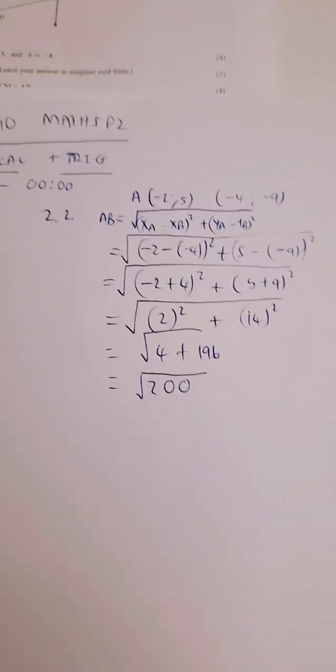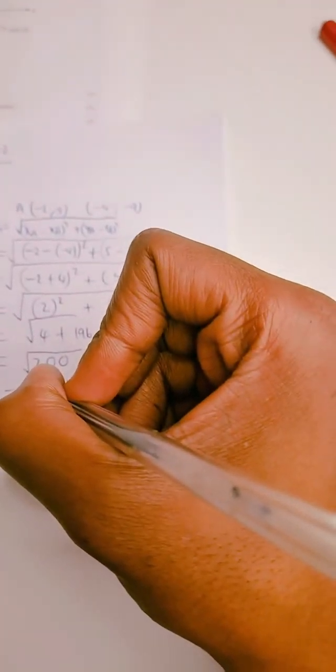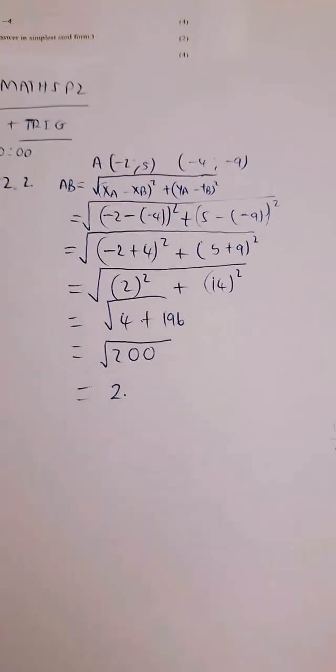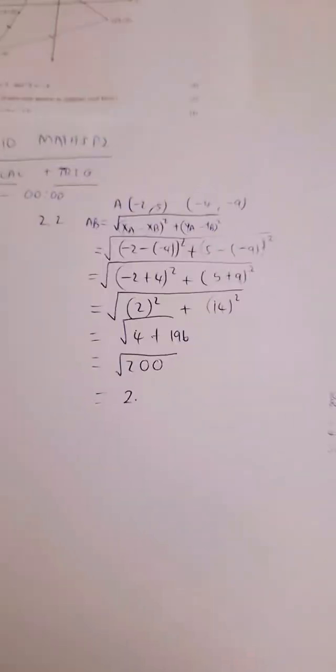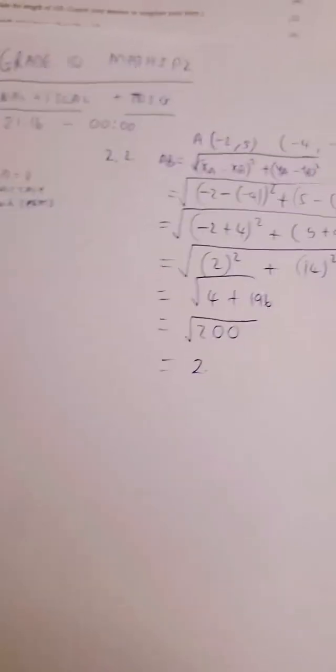Is that so? And then we have the square root of 200. Actually, what's the simplified state of 200? Simplified surd state.